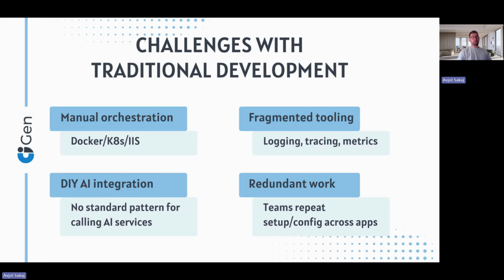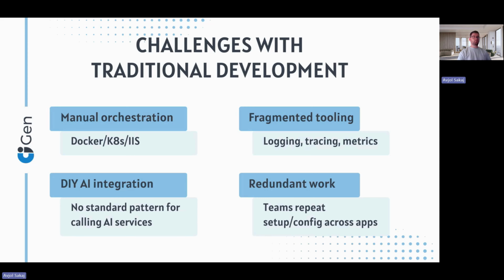Teams repeatedly write connection strings, resilience policies, health checks. Instead of reusing what is standard nowadays, they have to customize it. All of this slows delivery and introduces risk through human errors, through configurations, or through something in your script that doesn't work right.